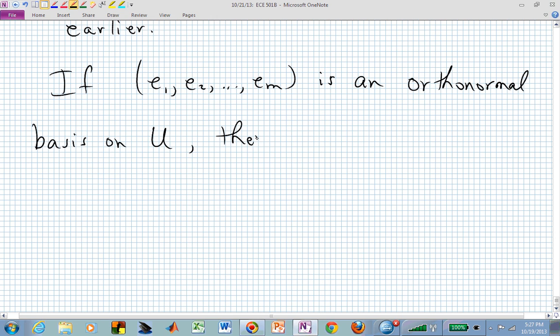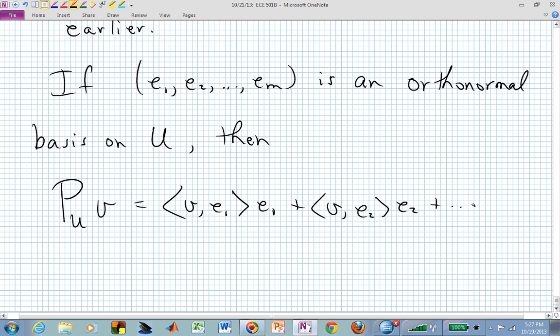if we take the projection operator of any vector v in our overall vector space V, we can do that by taking the inner product of v with e1 and scaling e1 by that amount, plus the inner product of v with e2 scaling e2, and we continue that process until we get down to the final orthonormal vector e sub m scaling e sub m.